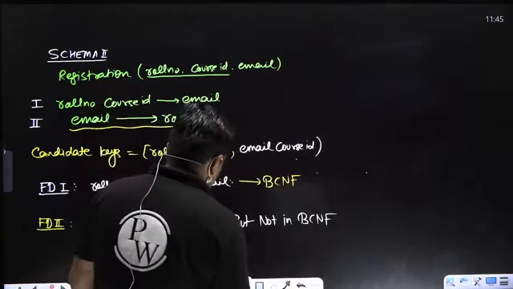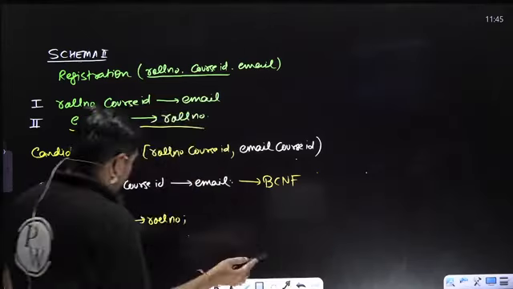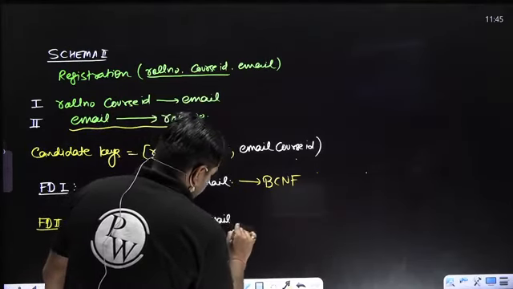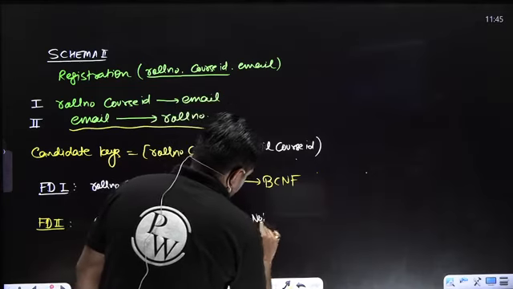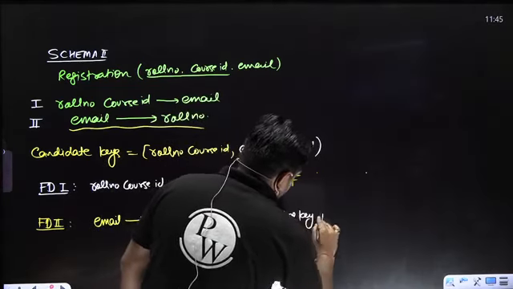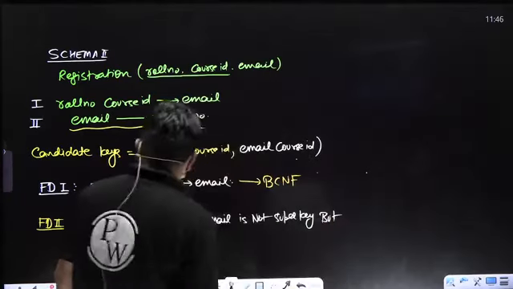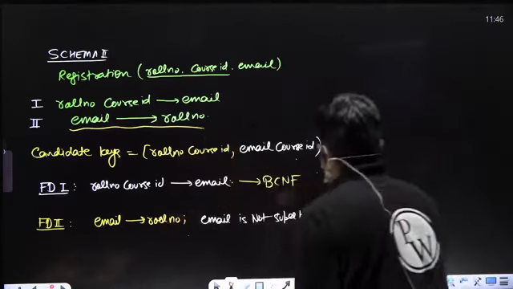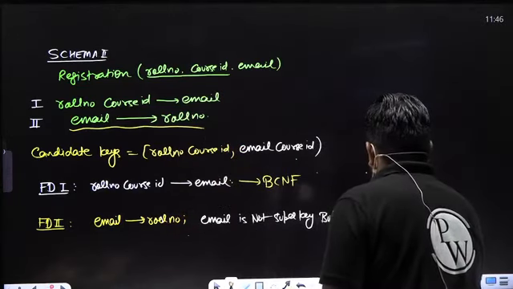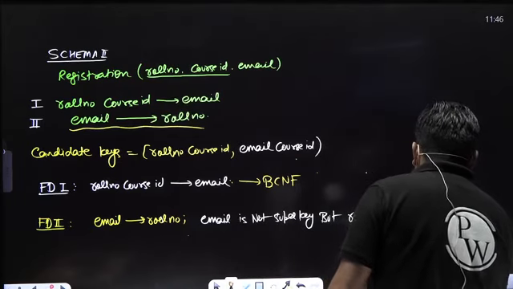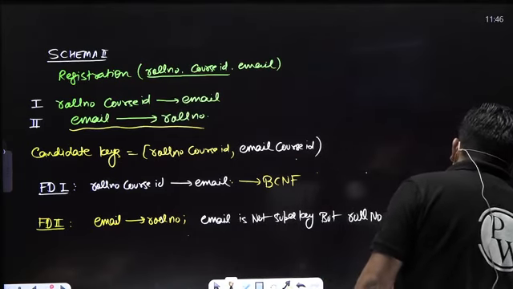Because you can see here directly I can write, email is not a super key. But roll number, this is the roll number, my dear, but roll number is key, or you can say prime attribute.